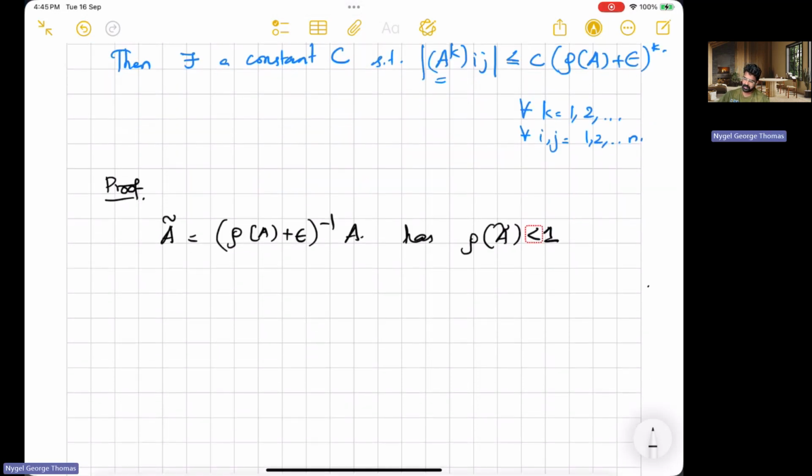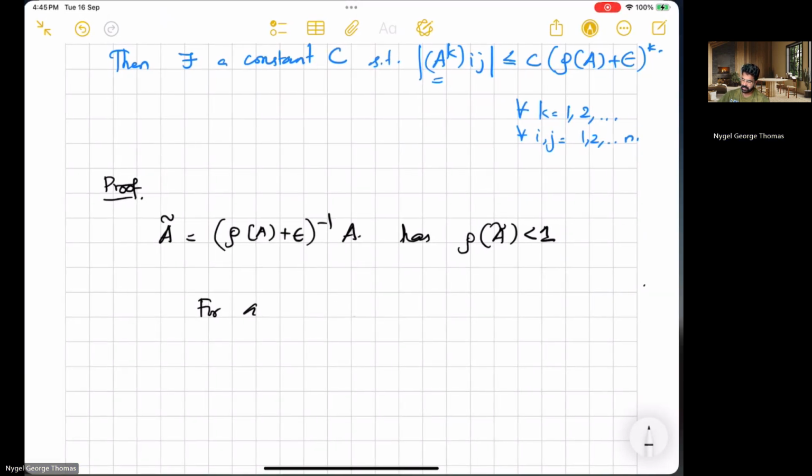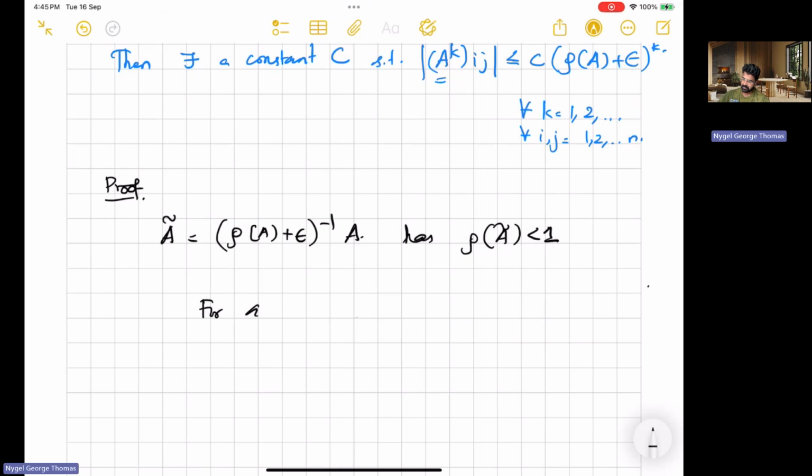For A, we have Ax equal to lambda x, which is the condition where we have an eigenvector.